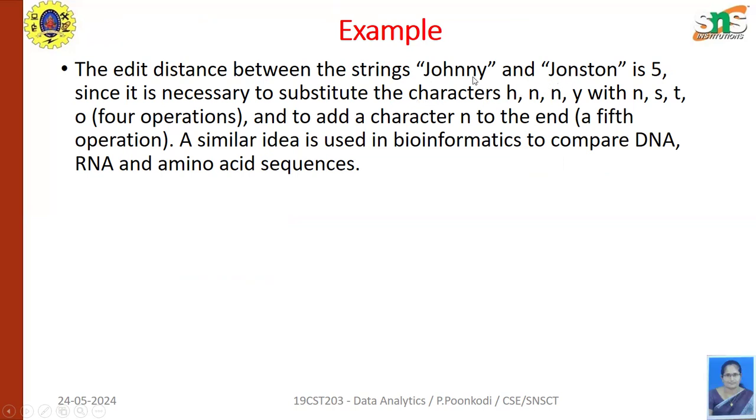Then N and Y. Either we have to remove this N or we have to include it. If you remove this, then the edit distance will be 5. 4 operations, then add a character N to the end as the 5th operation here. So it will be 5.